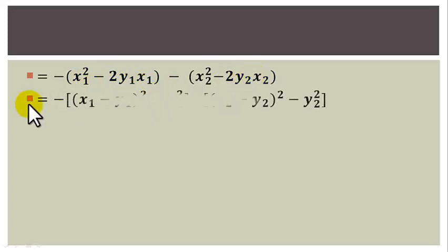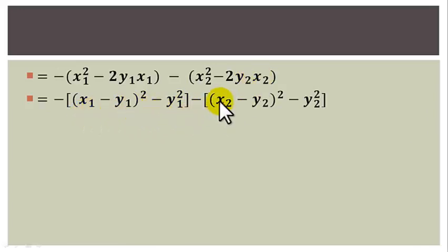So completing the squares, this will give us minus into x1 minus y1 all squared minus y1 squared. Remember, when you divide the coefficient of x1 here by 2, that will give us minus y1. You square it, add and subtract. So that will give us the expression inside this bracket here. Then minus the same thing here.